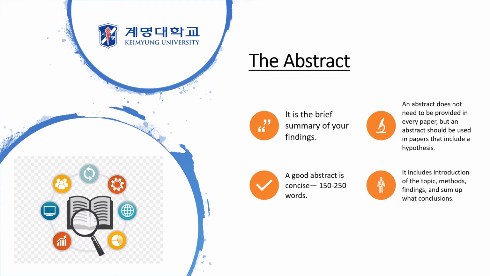If you don't have a hypothesis, you don't have to put it in the abstract. But nowadays, it is one of the main requirements for application for journal publication. And the last thing is, when you write your abstract, you should start with a very short introduction, one to two sentences, then the method, the objectives, the findings, and the conclusion of your research study.